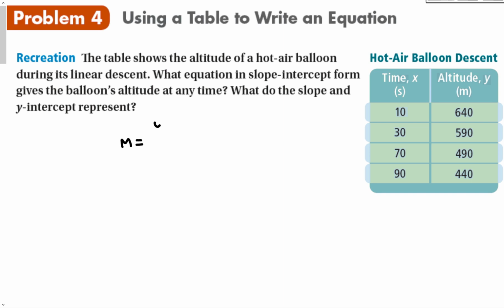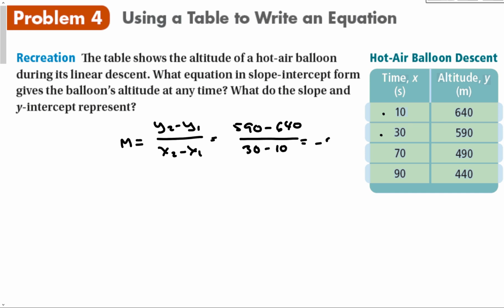So the slope is y2 minus y1 over x2 minus x1. And let's use that point and that point. So we have 590 minus 640 over 30 minus 10, which gives me a negative 2.5.